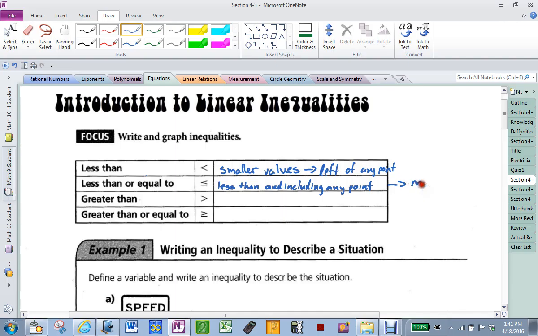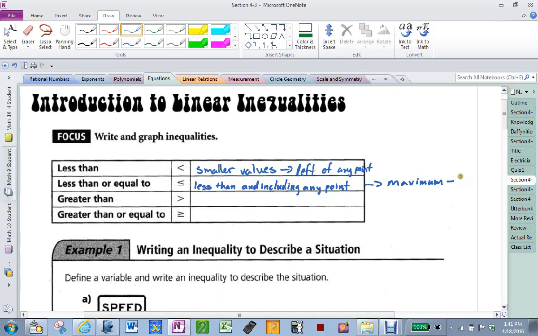So this is a maximum. In math, we also call it a limit. This sign puts a limit on your answers. So like a speed limit. Exactly. But people don't obey, so they go over. And you get the wrong answer.